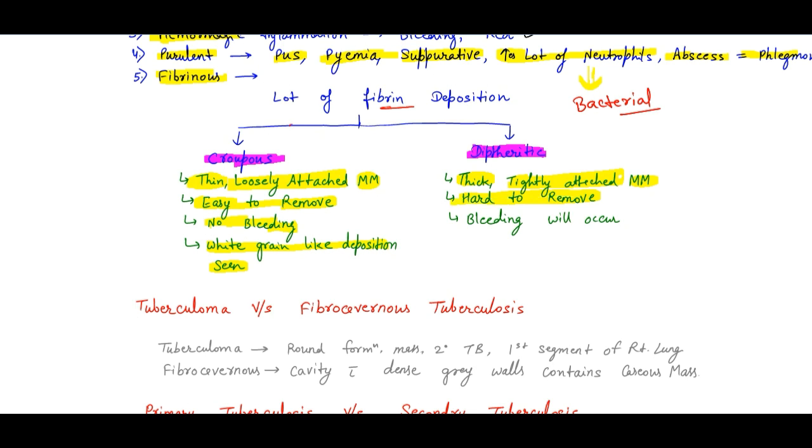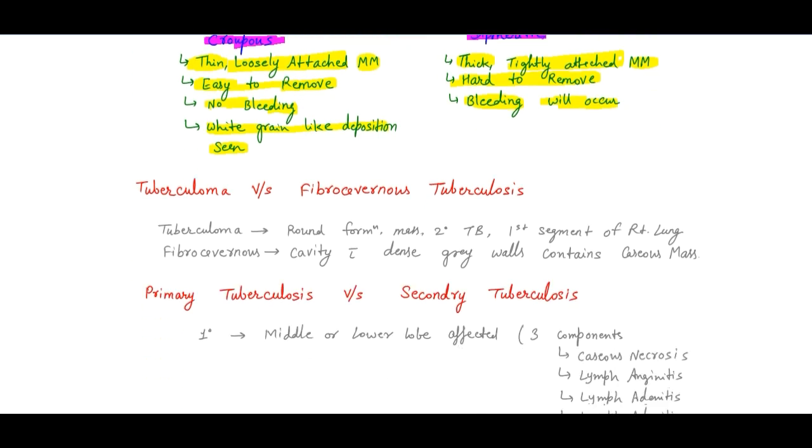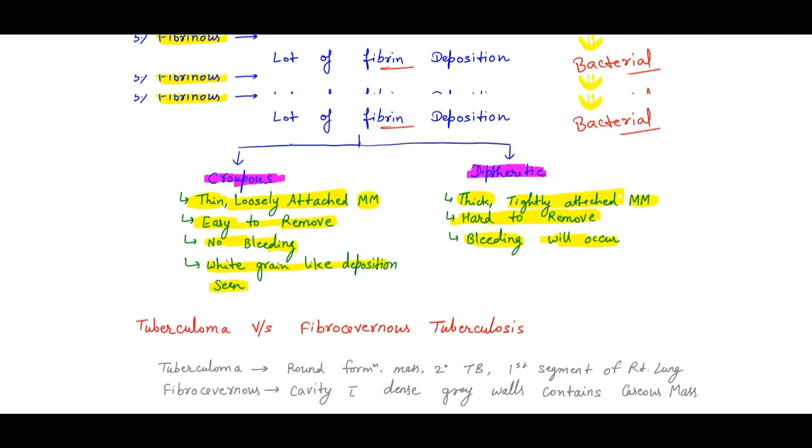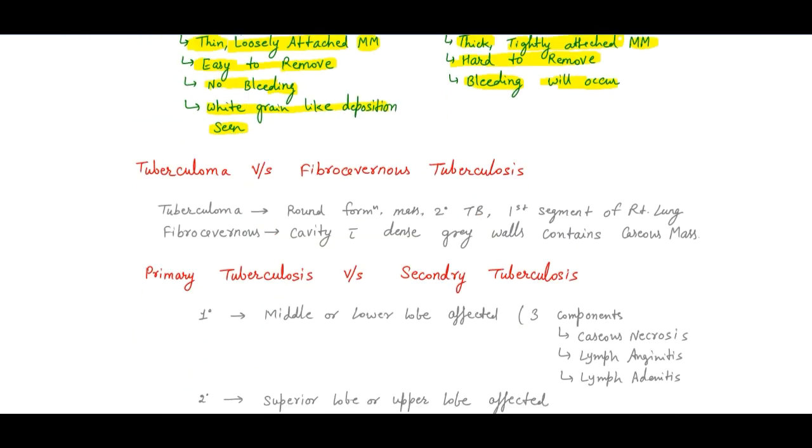Okay, the next is what? Bleeding will occur. Then next is tuberculoma, where we differentiate between some diseases because they look like the same thing. If you see in the options tuberculoma as well as fibrocavernous tuberculosis, you know that in both cavity formation will be there.